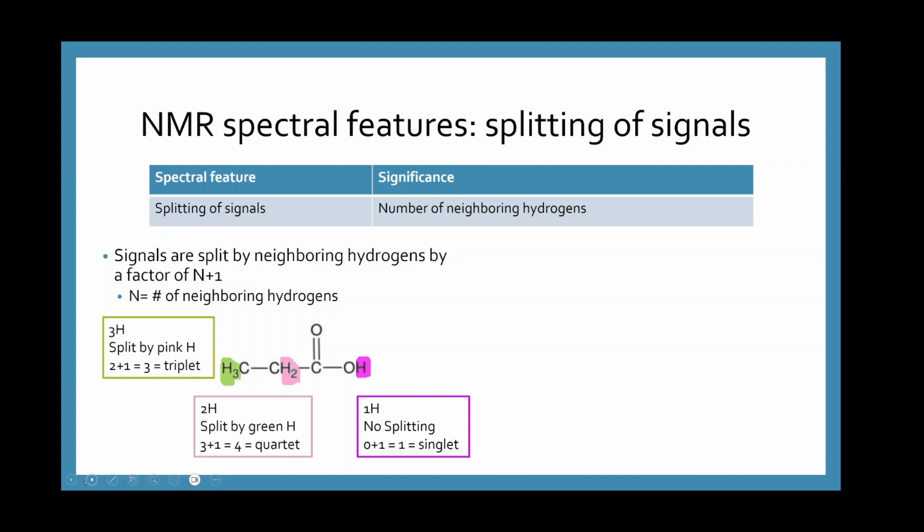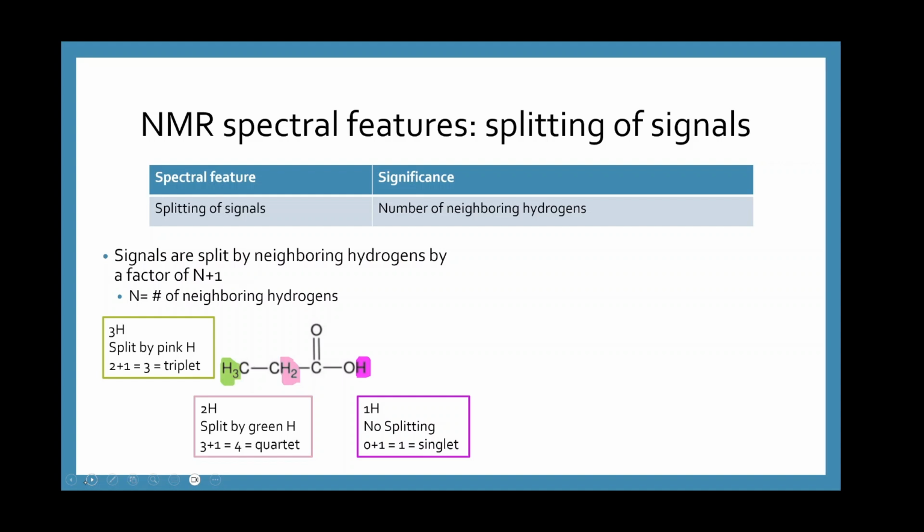This is very helpful when identifying the structure or possible structure of a molecule, because not only are you analyzing and getting information about a group of hydrogens, the splitting of the signal for that group gives information about the neighboring hydrogens. So it gives some indication of what the bonding looks like in the molecule.